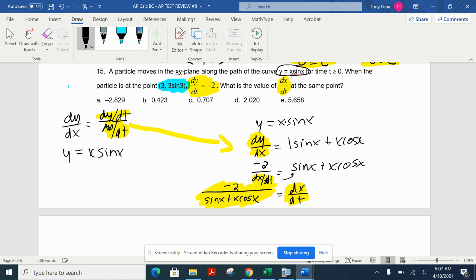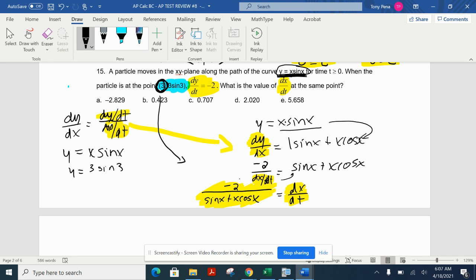Here's the equation that we were given to work with, that we took the derivative of to get our dy/dx. If x is 3 here, wouldn't that give us a y coordinate of 3 sine of 3? So what that's telling you is at this point, our x was 3.